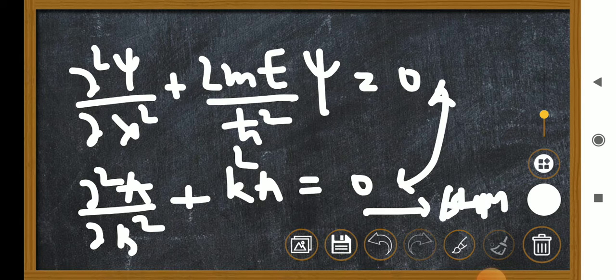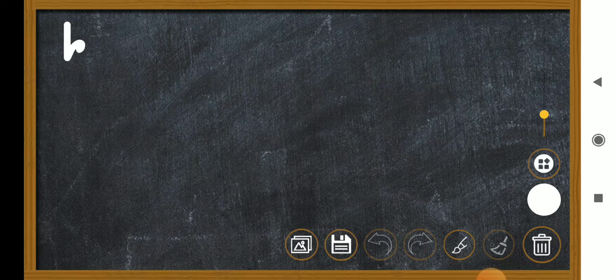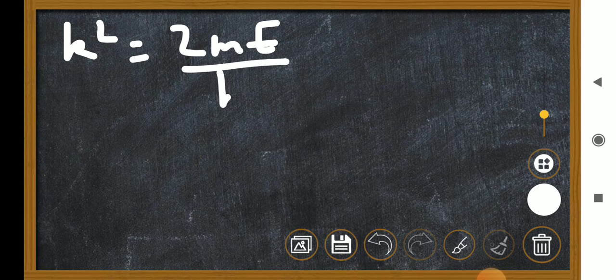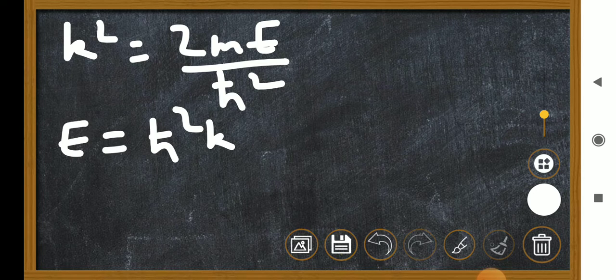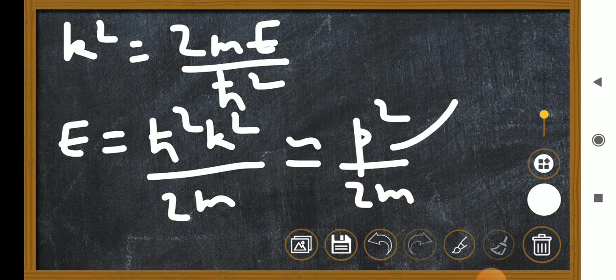So this total can be considered as k square, or we can write k square as 2mE by h bar square, or E is equal to h bar square k square by 2m, which is also p square by 2m. P is your momentum.